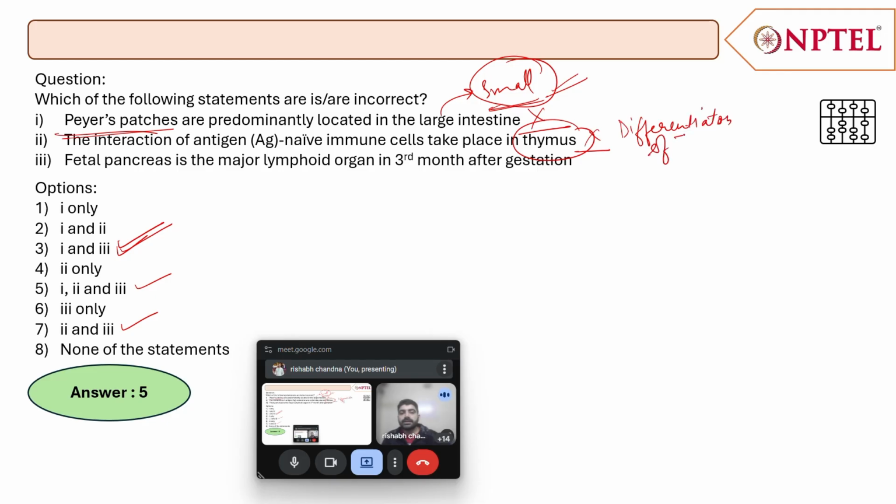So those are not naive. So the thymus is a primary lymphoid organ where the differentiation of the T cells actually happens. Okay, then fetal pancreas is the major lymphoid organ in the third month of the gestation. No, this is false. So all the three statements are incorrect. That is why option number five is correct.